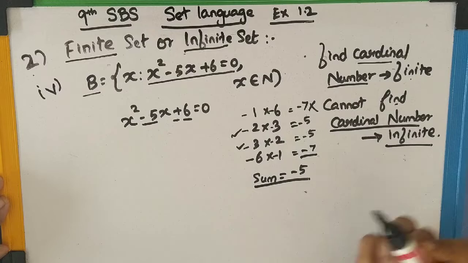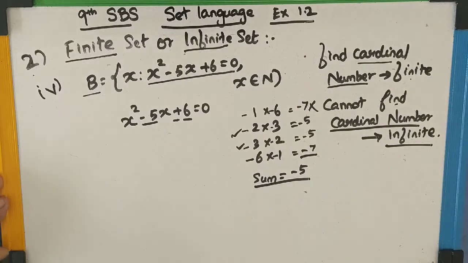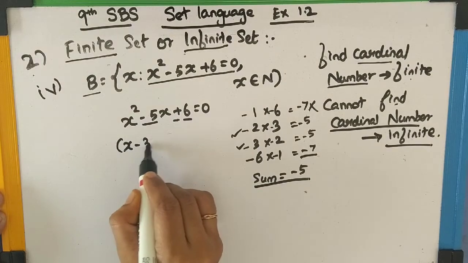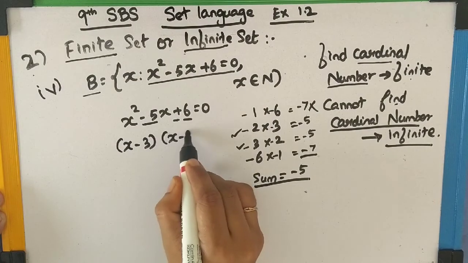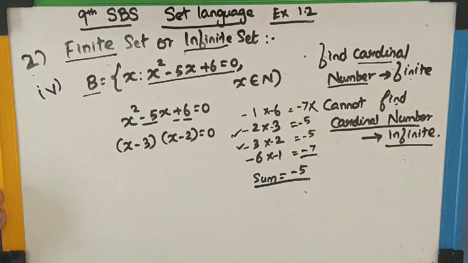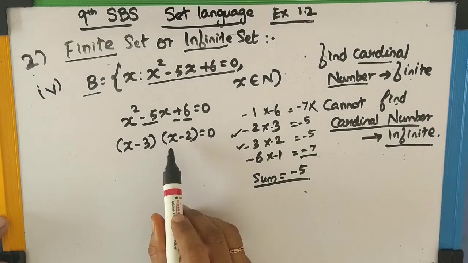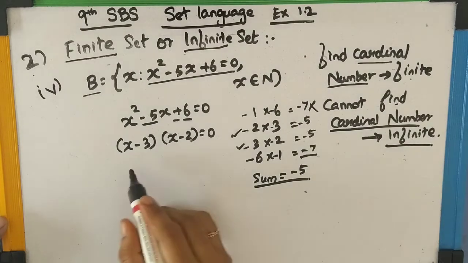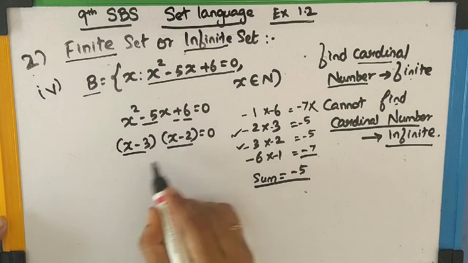The product of (x minus 2)(x minus 3) is equal to 0. So from this, we can find the values of set B. That is, B is equal to {3, 2}. Right? So, the set B is {3, 2}.